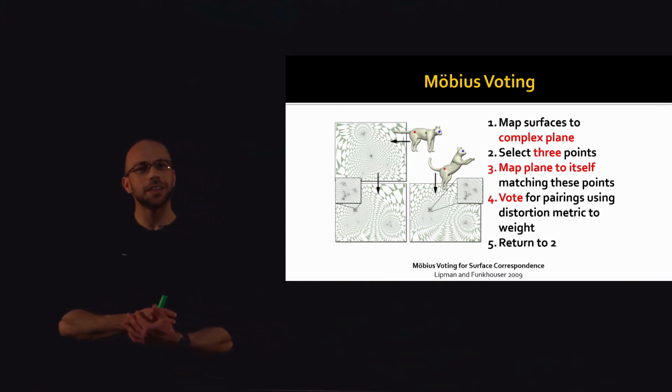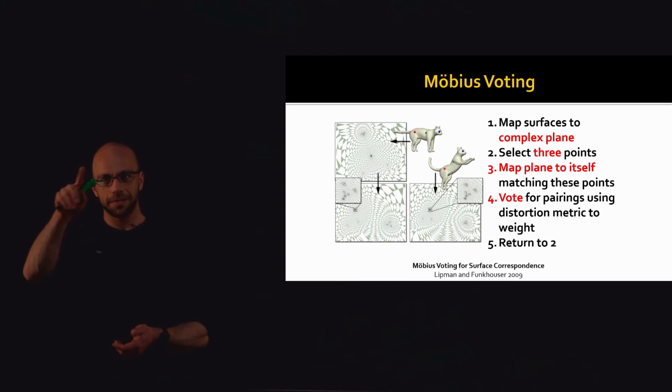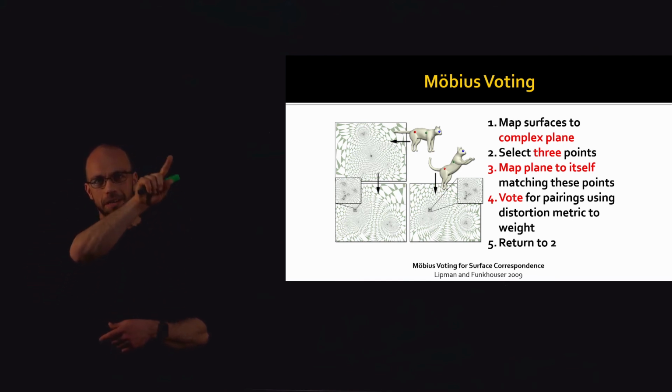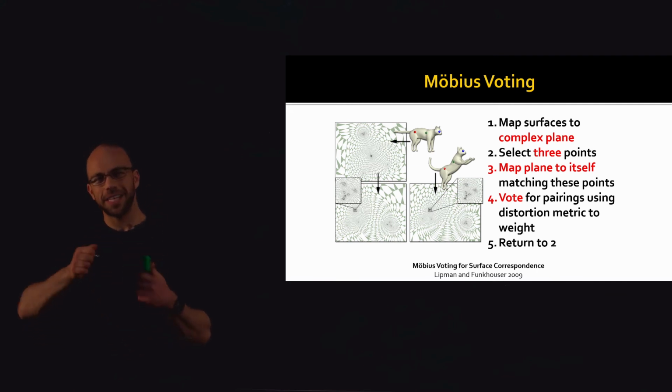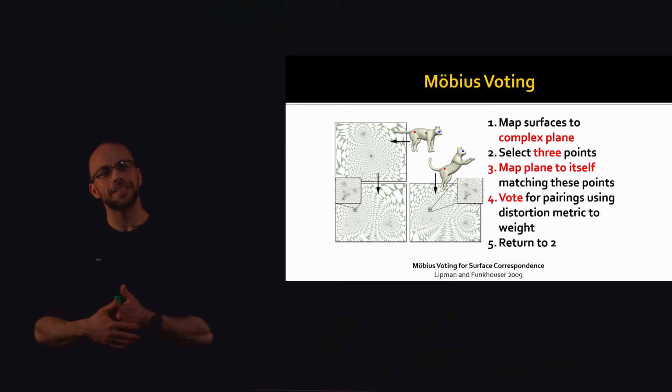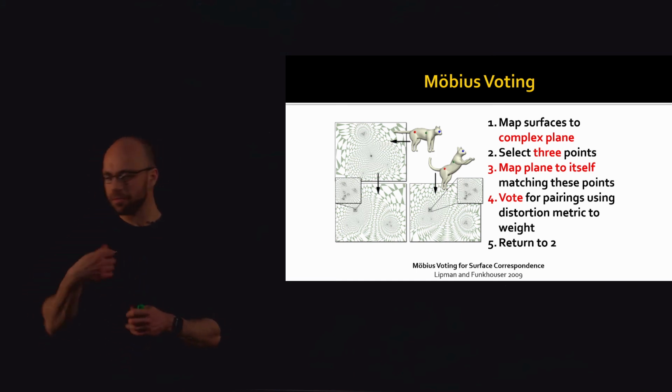And now I'll look at the area distortion of that conformal map I get by composing surface to plane through Mobius back to surface. And I'm going to just kind of tally a vote for pairings that tend to lead to a low distortion metric and do this many, many times for different triplets.